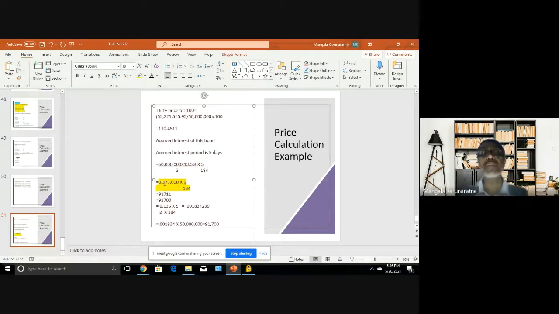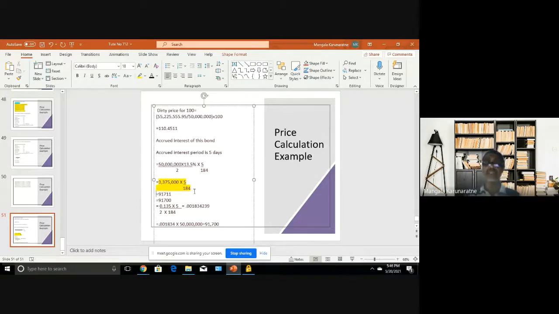You know 3.375 million is for 184 days and you want to know for 5 days. So you divide 3.375 million by 184 and multiply it by 5.